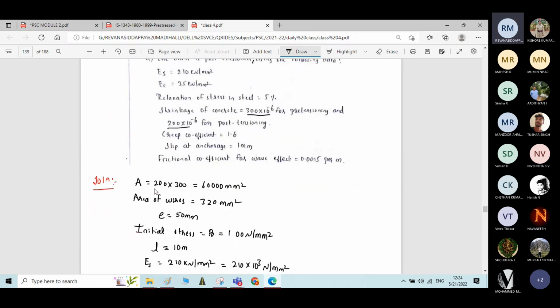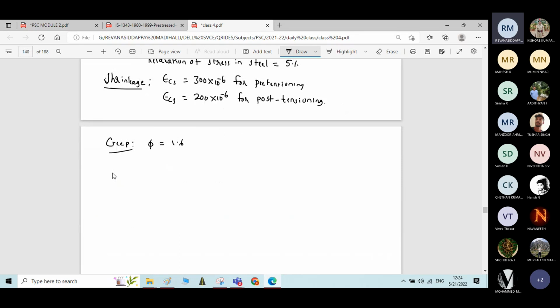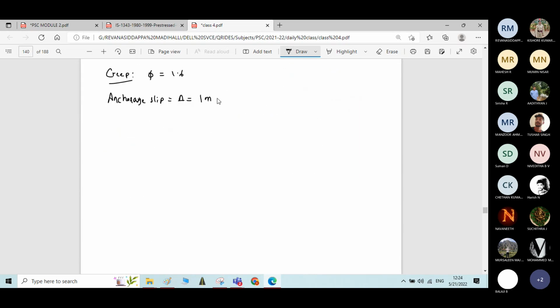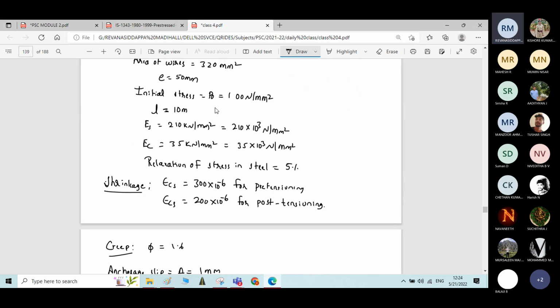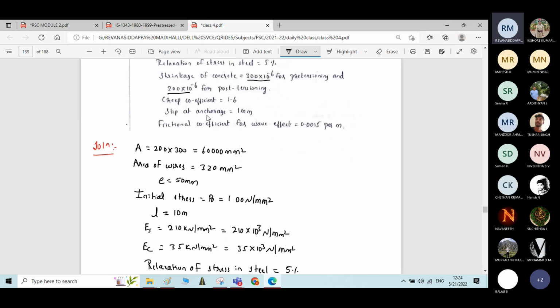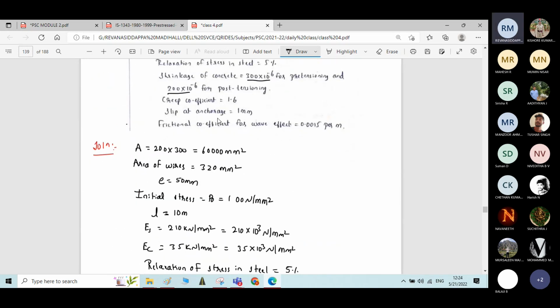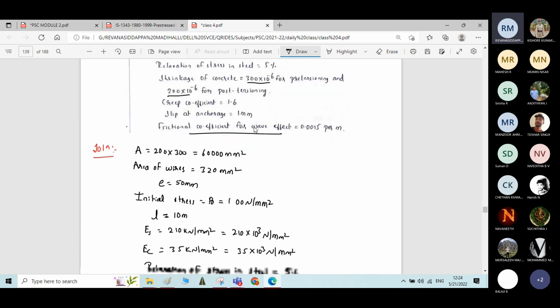Then anchorage slip is given as 1 mm, delta is equal to 1 mm. Then the coefficient of friction. Frictional coefficient for wave effect, wave effect means K is 0.0015 per meter.